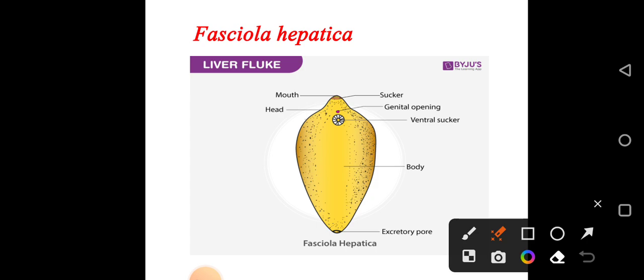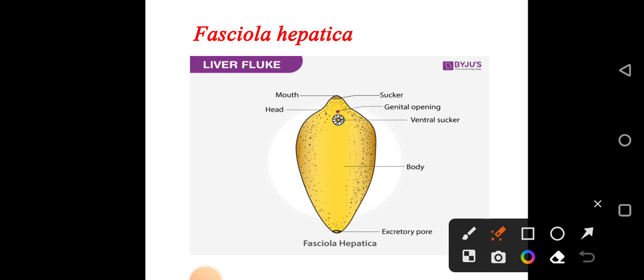Then the second part is the sucker region. This animal does not have any hooks or spines, but has two small suckers, namely the anterior sucker and the postventral sucker.